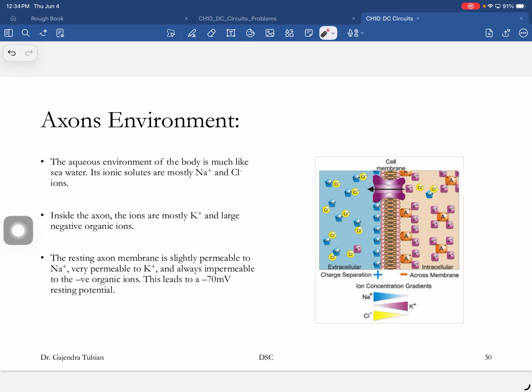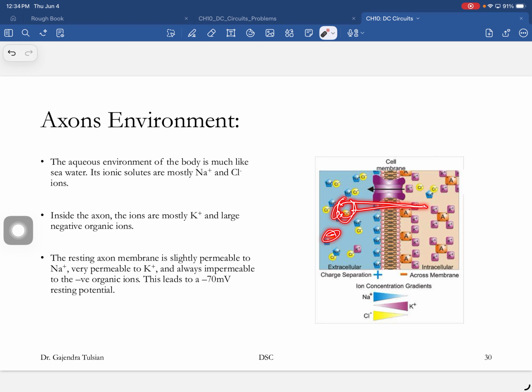Diffusion is a random process. If you have a higher concentration of potassium ions here, and the cell membrane is permeable, randomly potassium ions will leak out. A bunch are here, and it has become positive, because initially this was negative, and now you added a bunch of potassium ions.